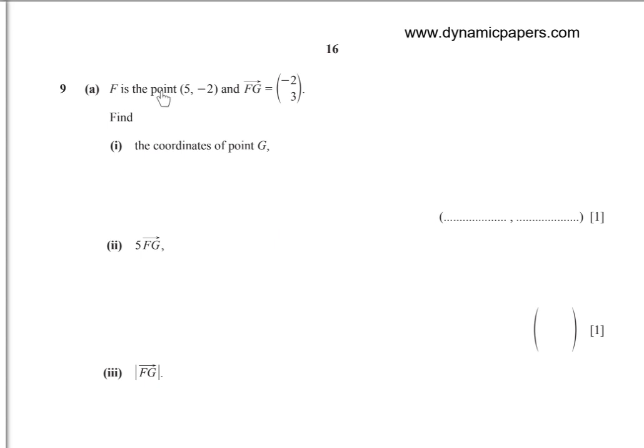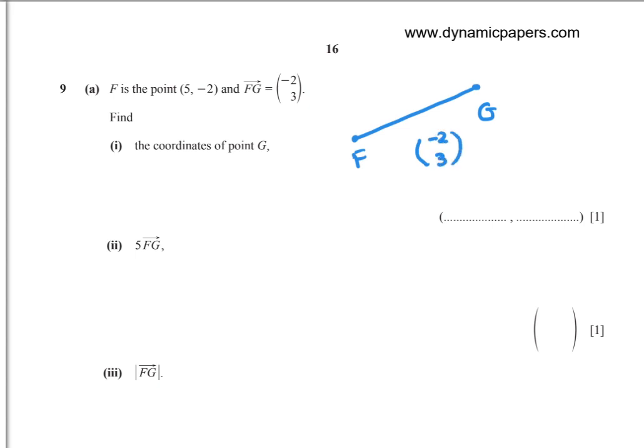9a, F is the point (5, negative 2), and the vector FG is (negative 2, 3). Find the coordinates of the point G. You can draw this vector FG, the vector (negative 2, 3).